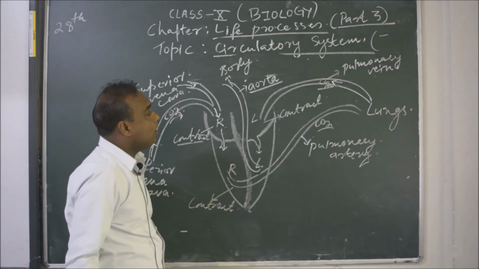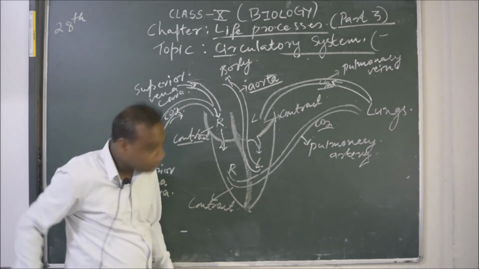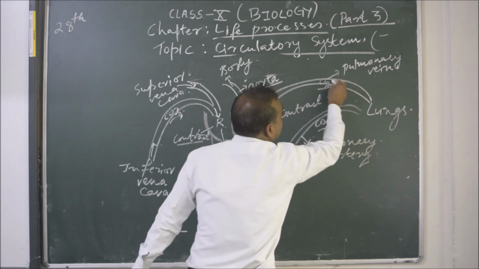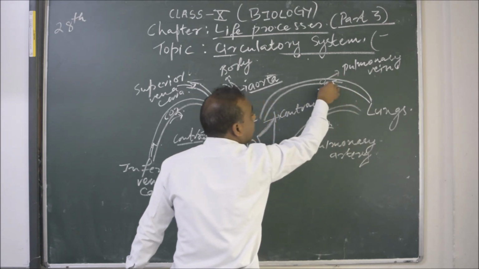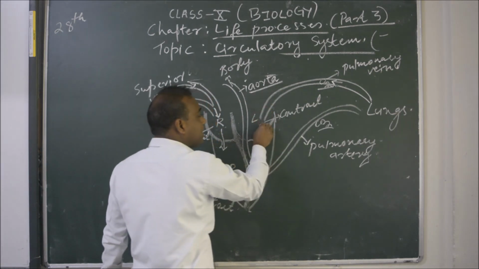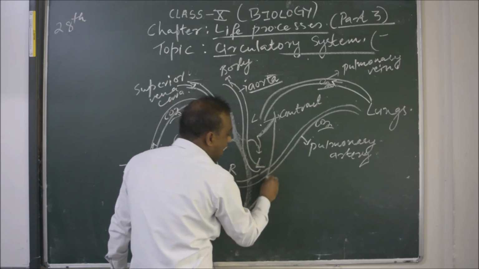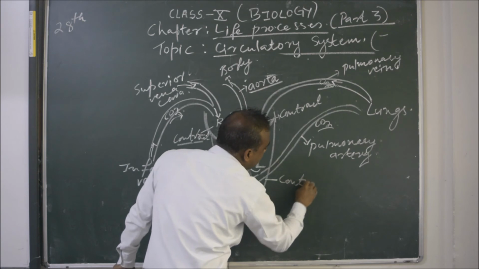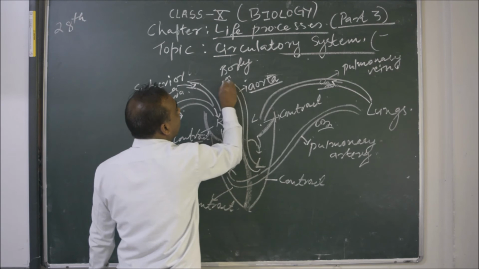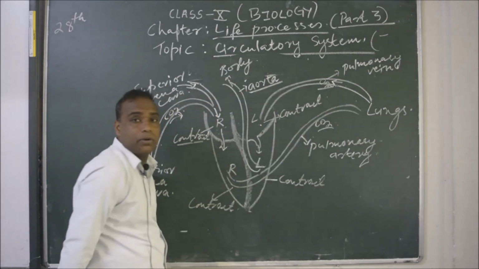Now you can see how the circulation is taking place. Again, I will explain this one. From the lungs, the pulmonary vein brings the oxygenated blood towards the left atrium, and when the left atrium contracts, the blood flows towards the left ventricle. When the left ventricle expands and contracts, the blood is pumped towards the body, taken by the largest artery, the aorta.